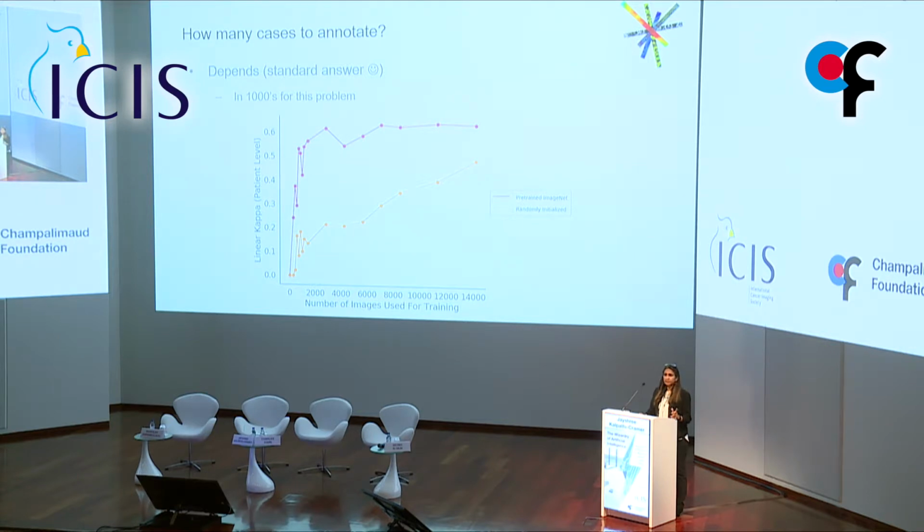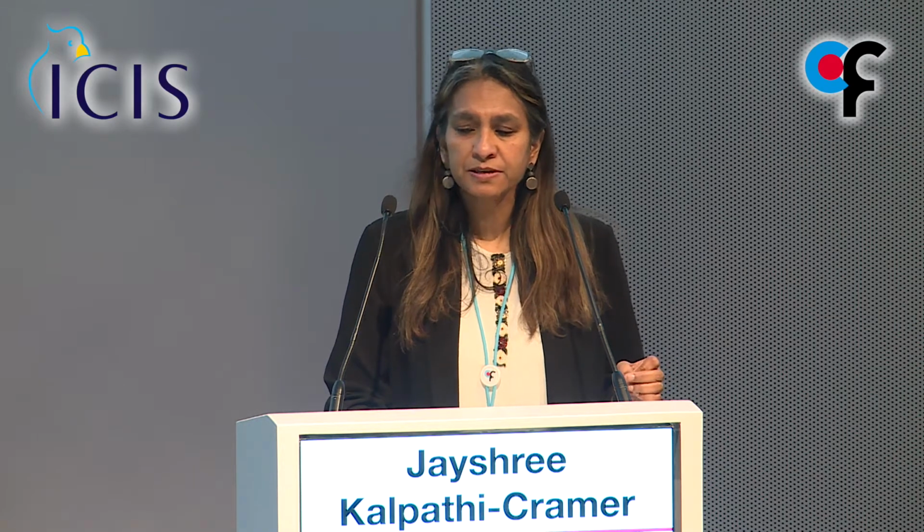The next question that typically tends to be asked is, how many cases do I need to do this? And usually the answer for all of these is it depends. So it really depends on the task. In this particular case, for the task of creating breast density models, you can see that the performance starts to level off by the time you have up to like 6,000 to 8,000, maybe 10,000 images, you're at a fairly stable level.